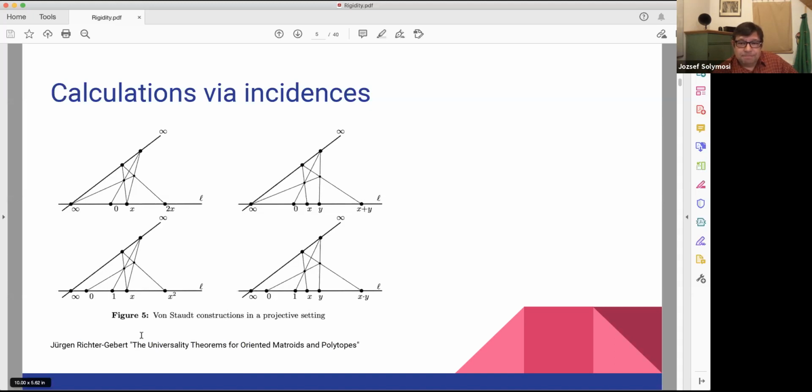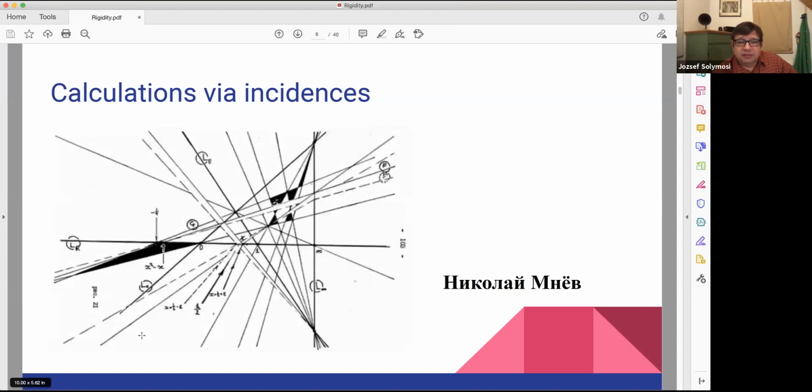And it goes further. So if you can do such calculations, then you can do much more. This is one of the famous calculations of Nikolai Mnëv, who proved that you can represent any polynomial, and he went much, much further. So this is a deep result in algebraic geometry, but this scary picture is just here to try to convince you that just by point-line incidences, you can go as far as you want.